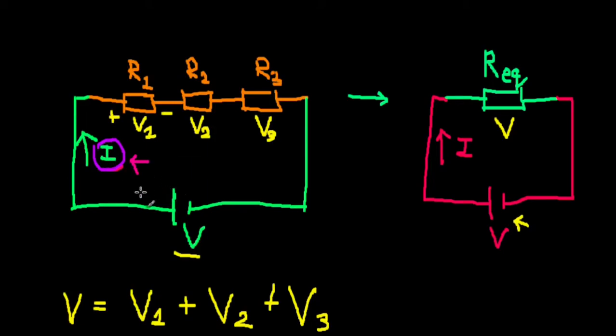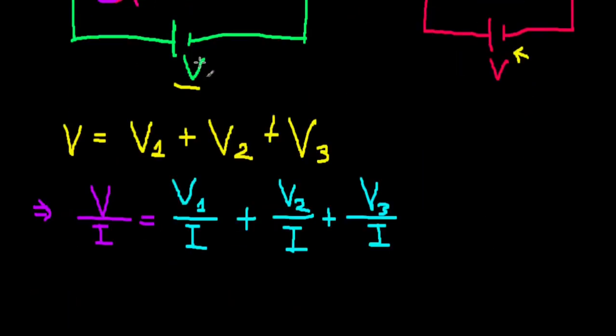As we said, if the current through the whole combination is I, the current is the same throughout a series combination. So the current through R1 needs to be I also, the current through R2 needs to be I, and the current through R3 needs to be I. All of these have a current of I through them.